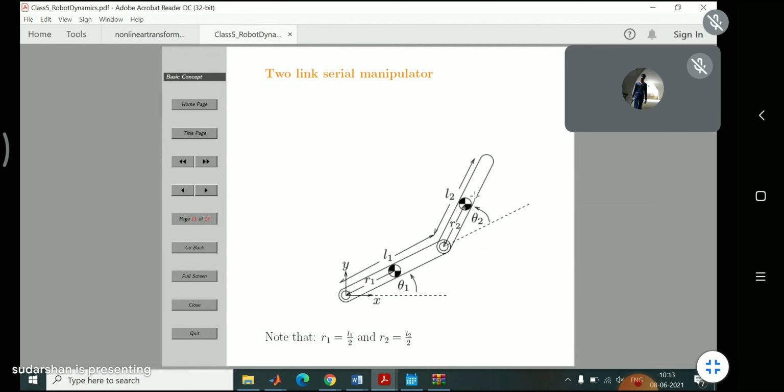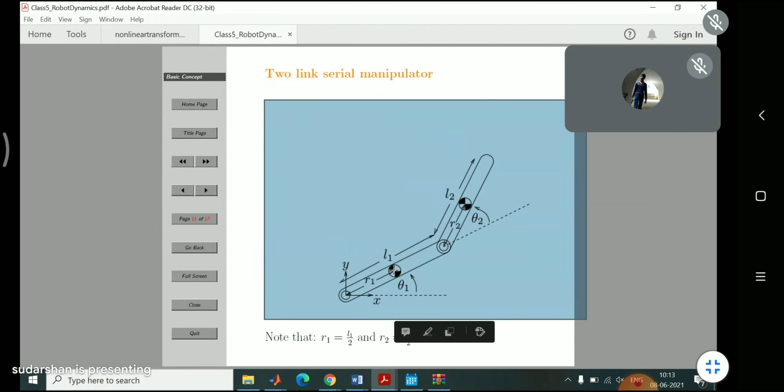Add, we get total kinetic energy in the system. Again, you compute potential energy at the center of the first link and potential energy at the center of the second link. You make the total, get the total potential energy. Take the difference between kinetic energy and potential energy, get the Lagrangian, then you apply that in the Lagrange model equation.